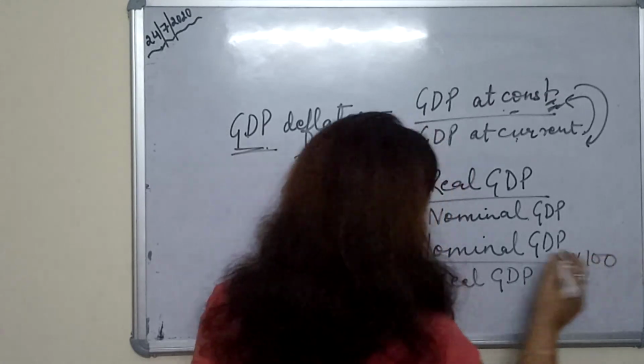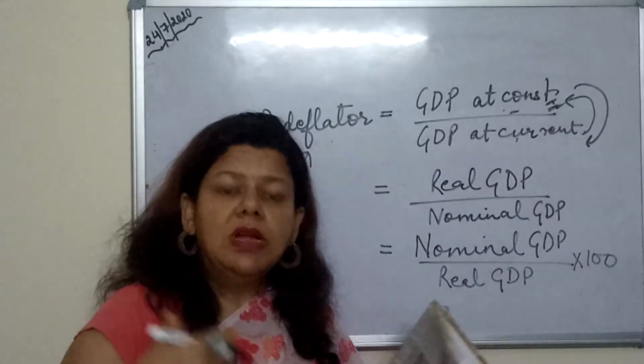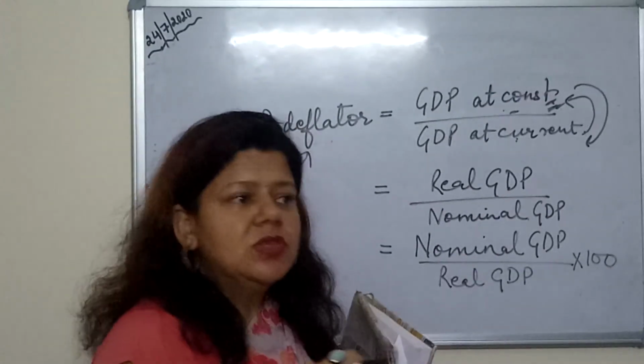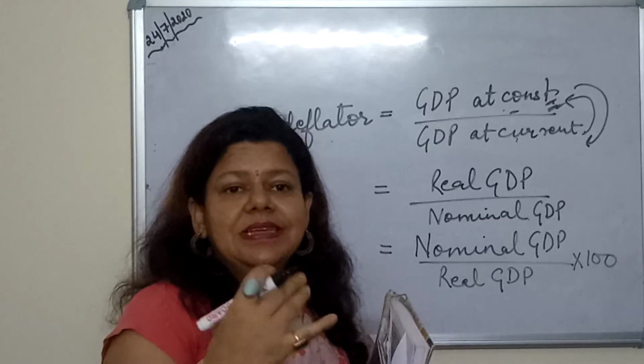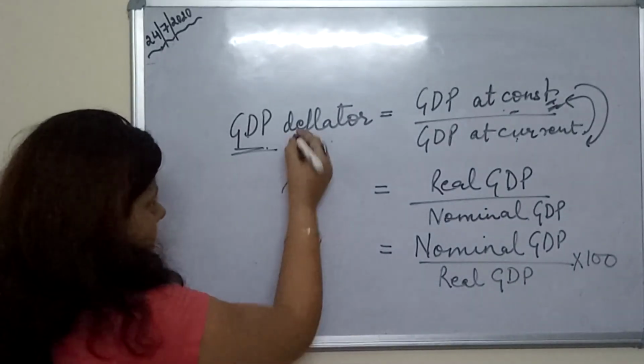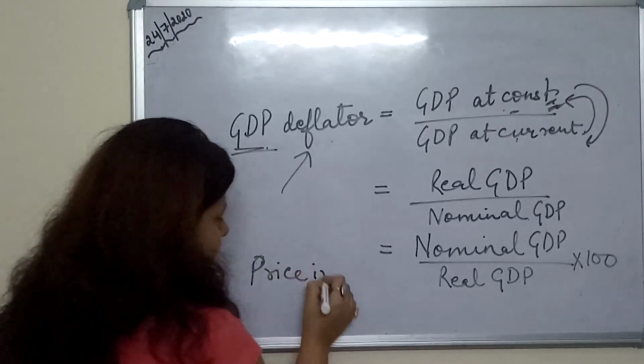It tells how much change is there, how much the level of output has changed when the prices were constant. Actually, it tells you the price index. Deflator is also known as price index. What is price index?